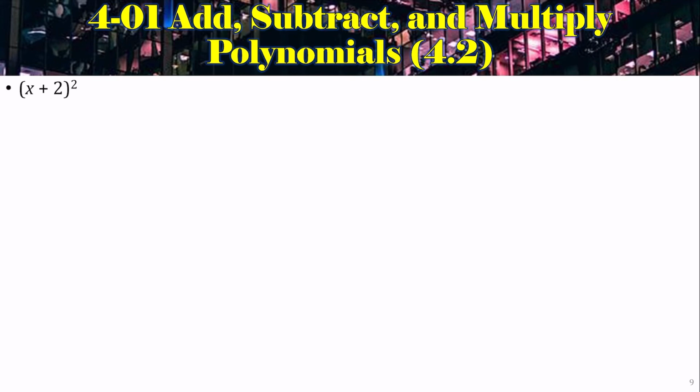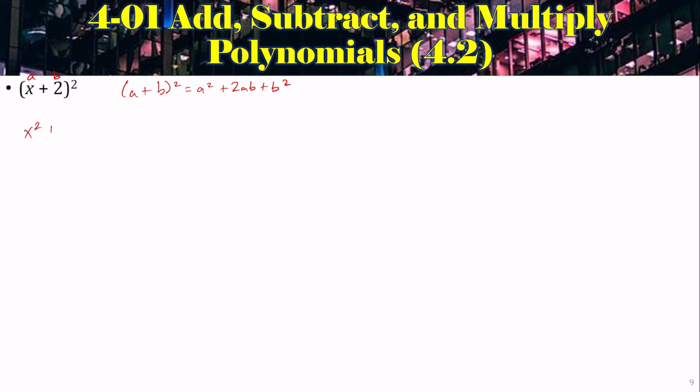All right, let's do x plus 2 squared. So this is the square, so the shortcut would be a plus or minus b squared is a squared plus 2ab plus b squared, where the a is the x and the b is the 2. So we could just fill that in.